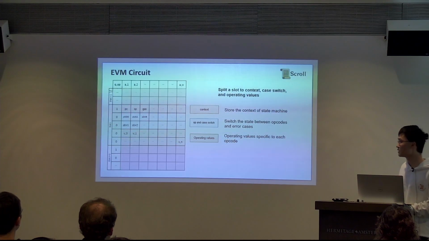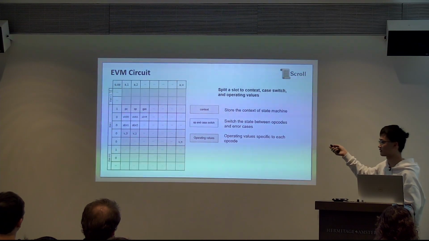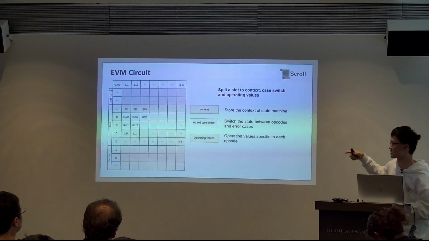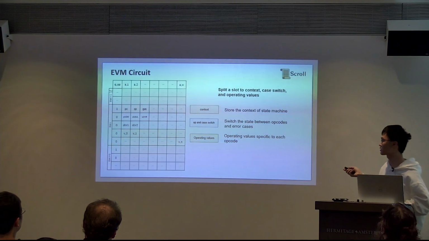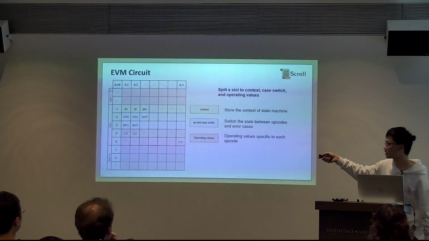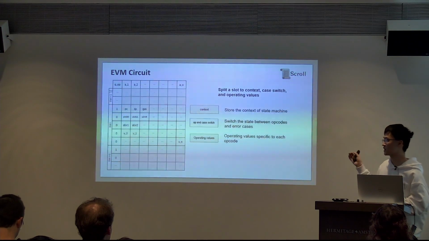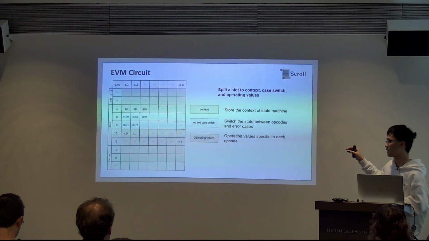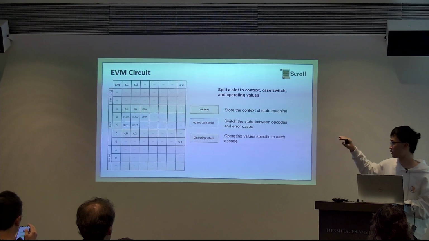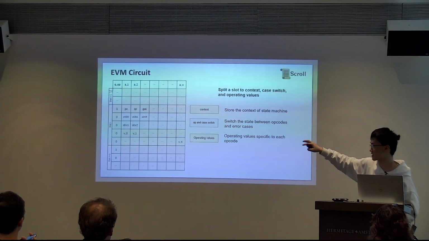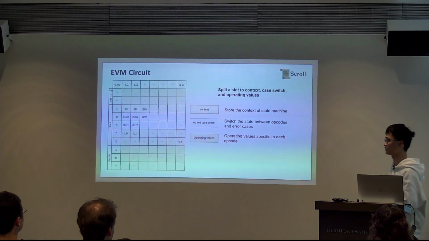More specifically, there are 3 different ranges within one slot. First there is the context, because you need to store the context of your state machine. For example, there is a program counter, a stack pointer, a gas, and a lot of other stuff. It means that when you are executing your state machine and reach that step, what's your program counter, what's your stack pointer, and how much gas did you have left.